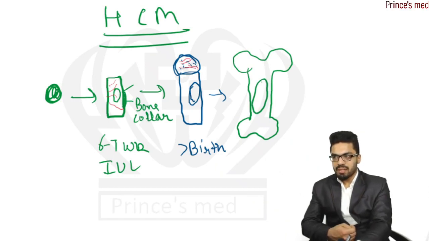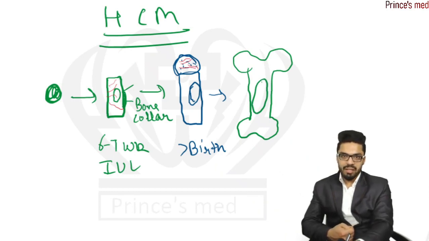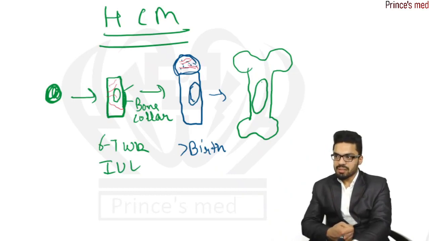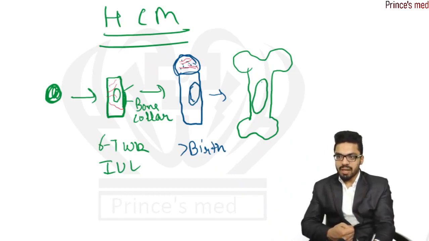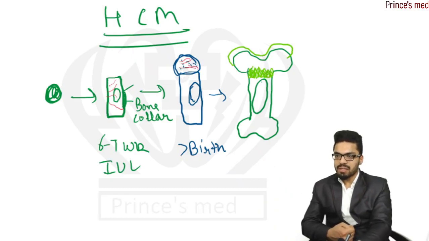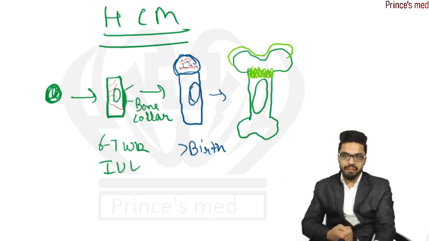This is not an adult bone because it consists of hyaline cartilage somewhat here and somewhat on the end of the bone. The cartilage present in the epiphyseal end of the diaphysis is known as growth plate or epiphyseal plate.